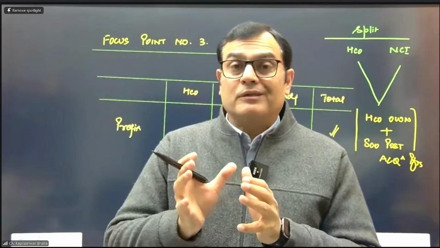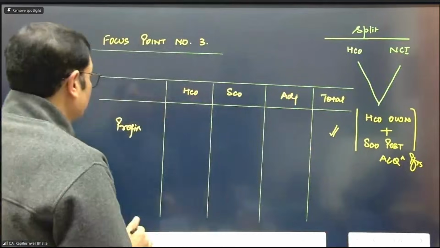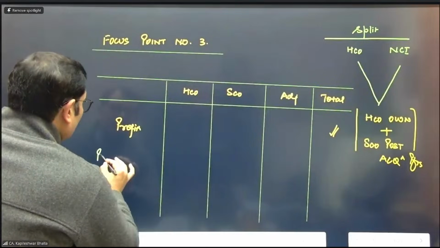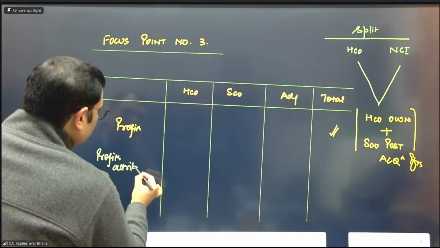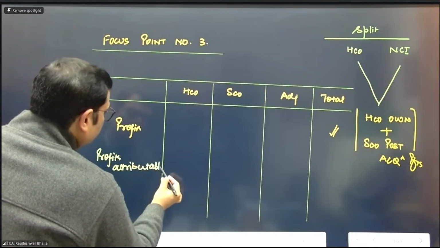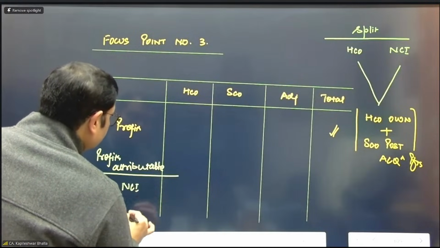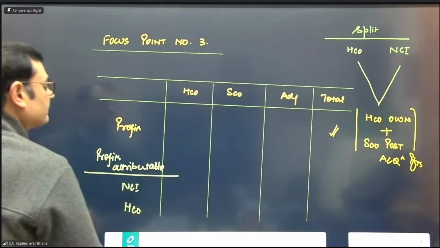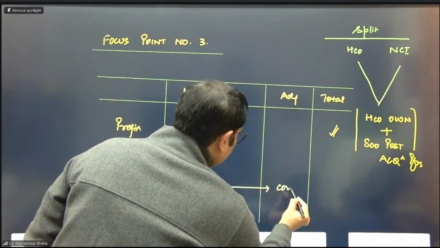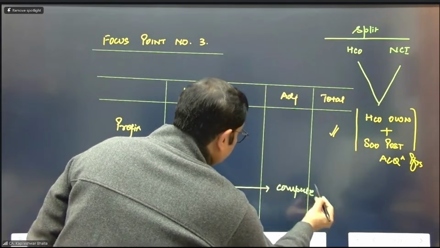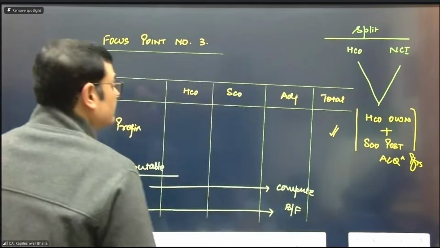So once you reach your consolidated income statement at the end, this profit is to be split between, we can say, the profits attributable to the NCI as well as the holding company. As far as the NCI is concerned, I'll compute this figure. As far as the holding company is concerned, I can comfortably take this as a balancing figure.